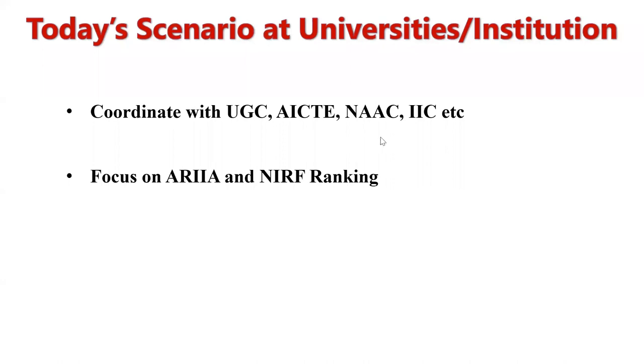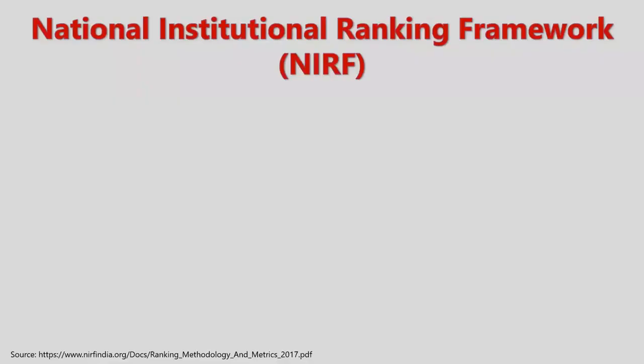The universities and institutions have to coordinate with these agencies, as well as now there is a competition. So now there are two things that we are concentrating on. One is called ARIIA and another is NIRF. These two schemes are actually deciding the rank of the institution or university or college.